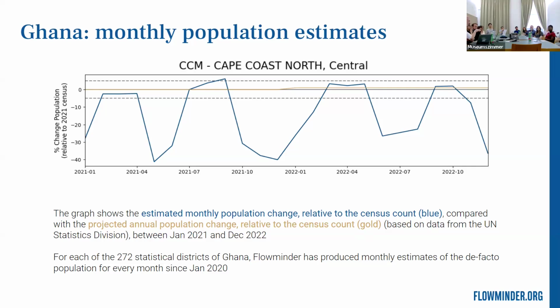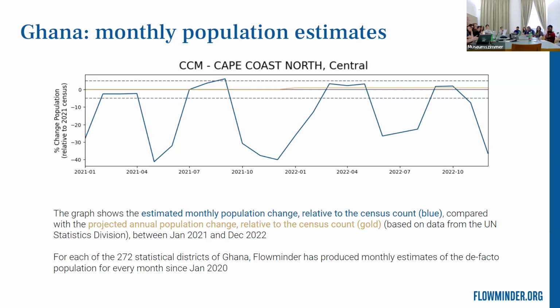And if you compare that to the line shown in gold, which applies a projected population growth based on UN data, you see the stark difference, of course. If you were just to apply an annual projected change rate, this is much less informative, or looks much more stable, than the estimates we are providing based on the monthly CDR data that we put into these models.